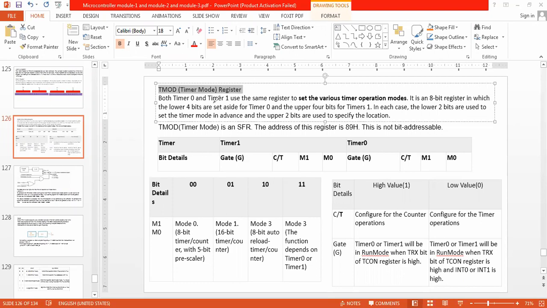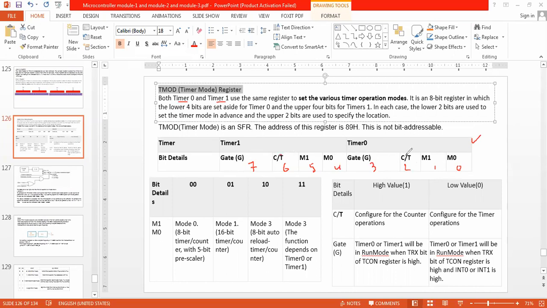Both Timer 0 and Timer 1 use the same TMOD register. Only one register, the TMOD register, is there, and it is an 8-bit register. This is the 7th bit, 6, 5, 4, 3, 2, 1, 0. Here it is timer bar.